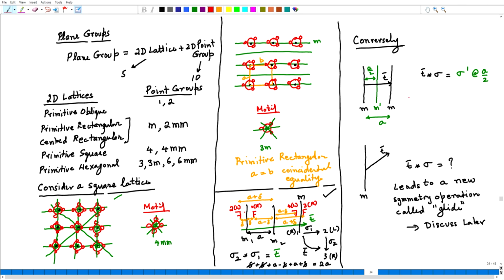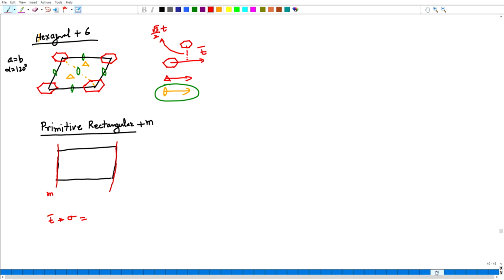For example, if there are 2 mirrors separated by a translation distance, then in between we will get this mirror halfway on the translation. So, therefore, I must get a second mirror located at t by 2, which means I will get a mirror here. So, in fact, that is all the symmetry that would be present in this.